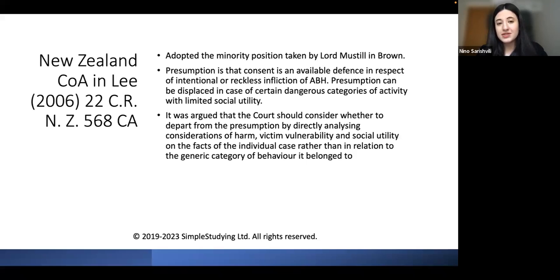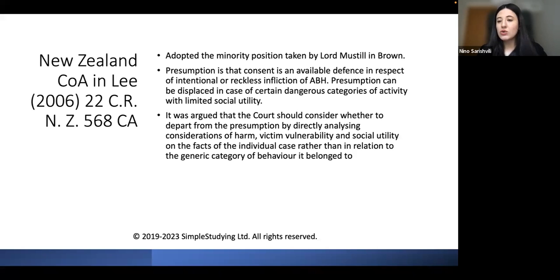The presumption can be displaced in the case of certain dangerous categories of activity with limited social utility. It was argued that the court should consider whether to depart from the presumption by directly analyzing considerations of harm, victim vulnerability, and social utility on the facts of the individual case rather than in relation to the generic category of behavior it belonged to.